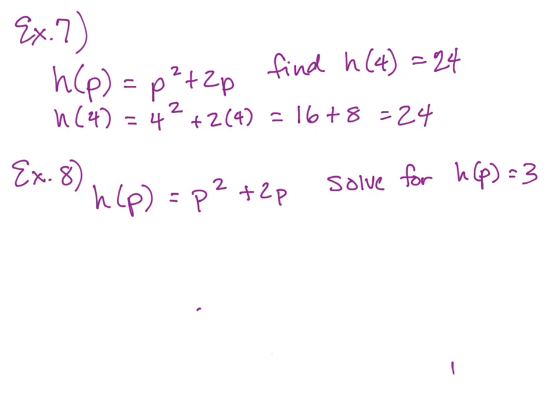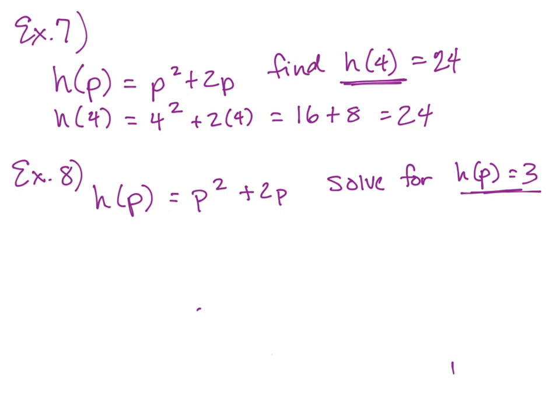So I'm not going to put in 3 into the function. I'm going to set the function equal to 3 and solve it. Can you see the difference? Okay, it's really, really slight. The word up here says find h of 4, but you see that that 4 is in the input position. Here, h of p equals 3. You can see that the 3 is in the output position.